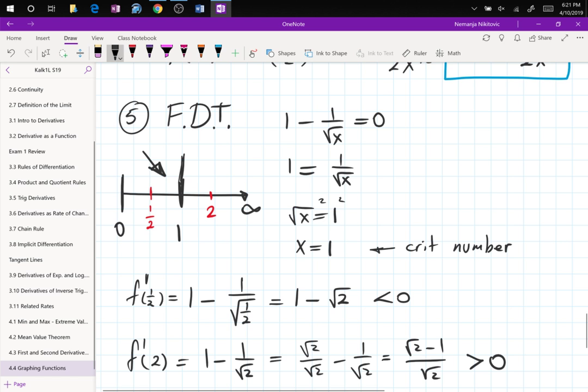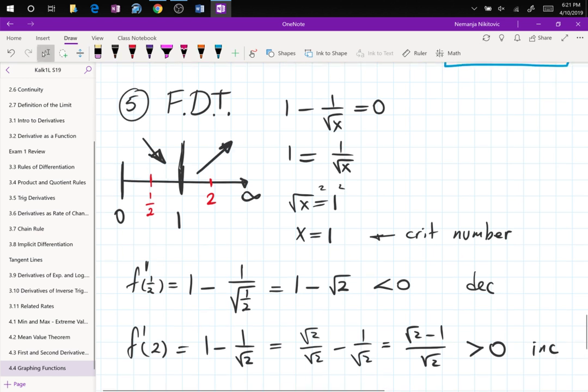Again, I don't care what the value is. I just see that I'm dividing two positive numbers. Positive divided by positive is positive. So the top gives us decrease, the bottom gives us increase. And what did I get for free? x equals 1 is a minimum, right? See the arrows, the way they go? They go like that. That has a minimum, right?